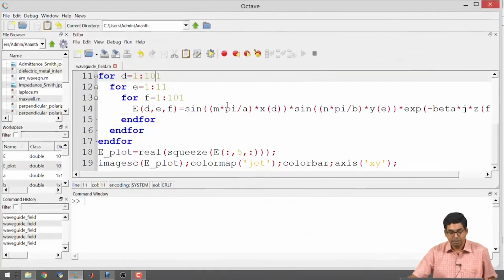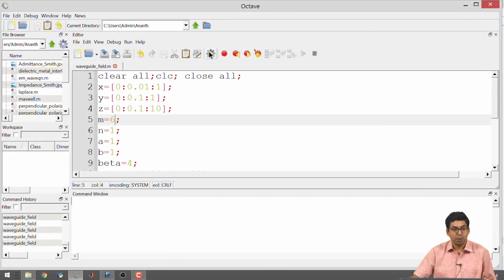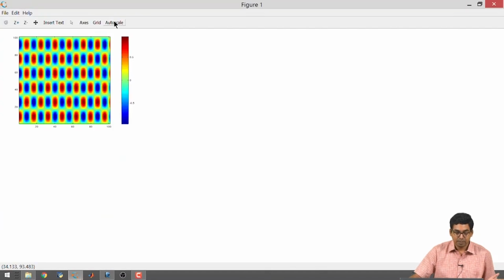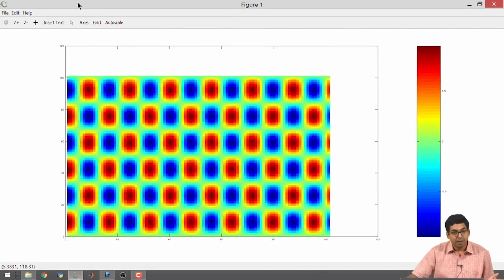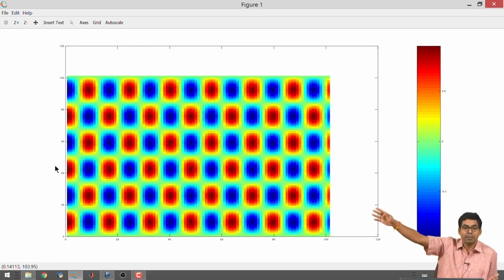For example, if you want to make m equal to 6, this is TM61, you will end up having 6 spots. Each of them is having 180 degrees phase shift with respect to the previous spot, traveling with the same value of beta along the length of the waveguide, all right.